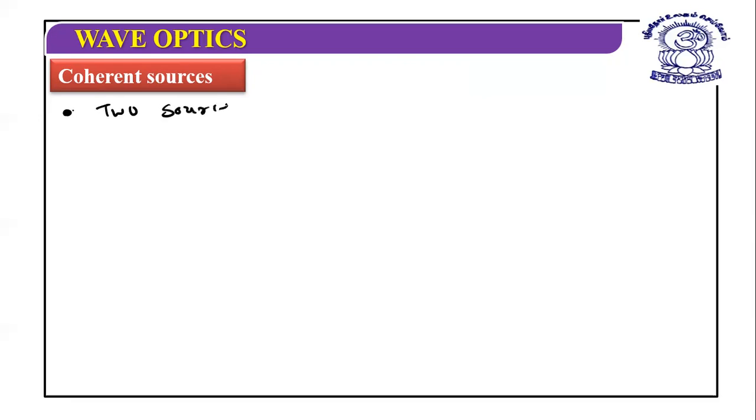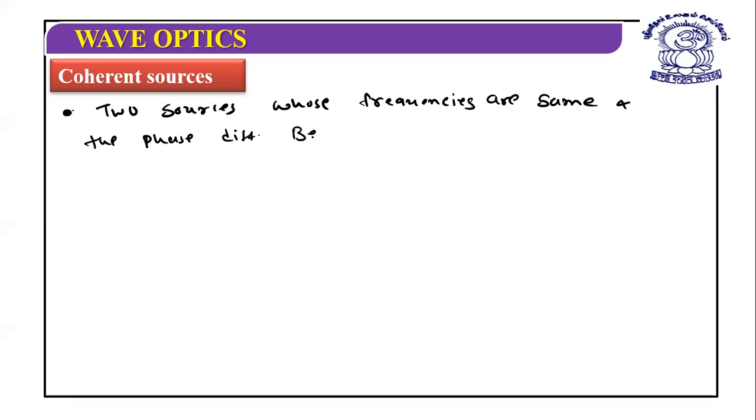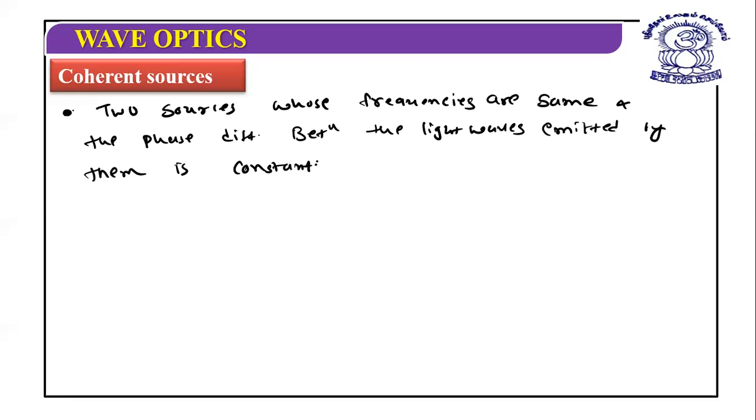Two sources whose frequencies are same and the phase difference between the light waves emitted by them is constant, independent of time, then these two sources are coherent sources.